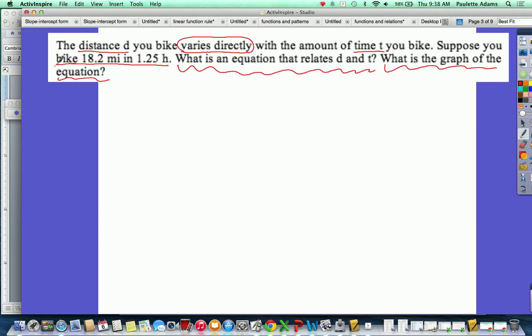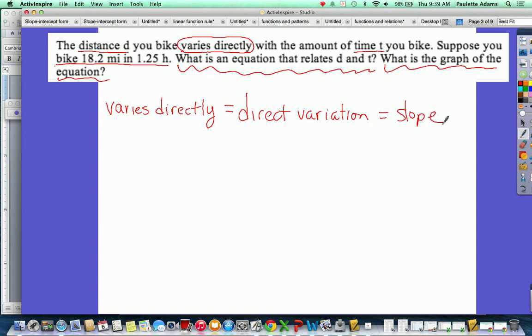Varies directly. That should ring a bell to you, because that's another phrase for slope. Remember, one of the phrases was direct variation. So we're still dealing with slope.